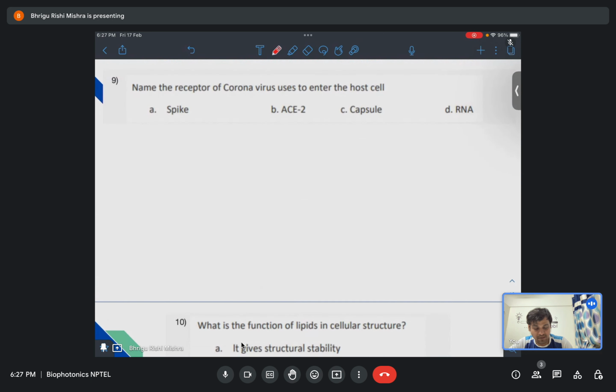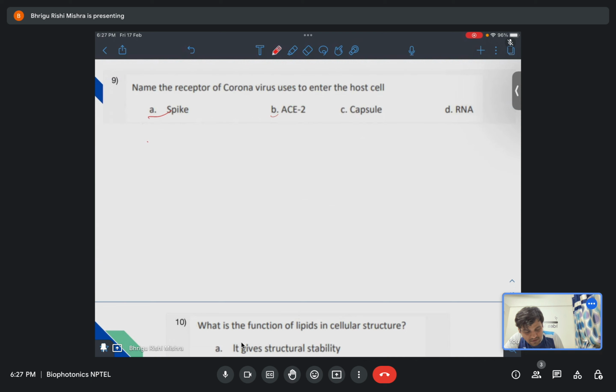Name the receptor the coronavirus uses to enter the host cell. When I searched this question on Google, the name ACE2 was suggested. But when I read a paper, I got to know that the correct answer is spike. So I want to write the definition of spike.